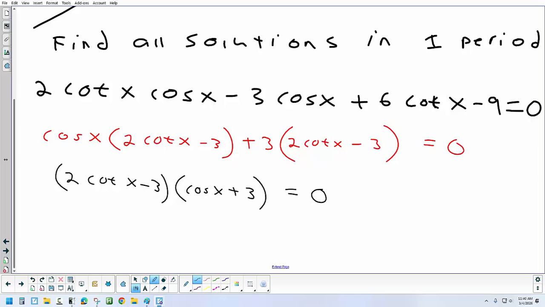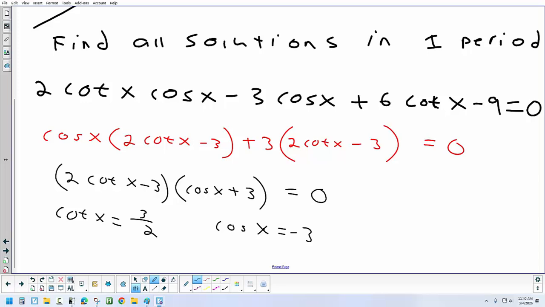We have to take each factor and set it equal to 0. Yep. So cotangent x equals 3 over 2, and cosine x equals negative 3.